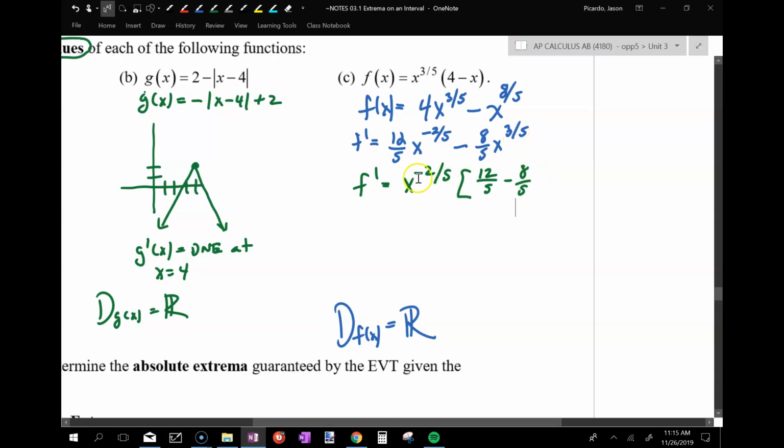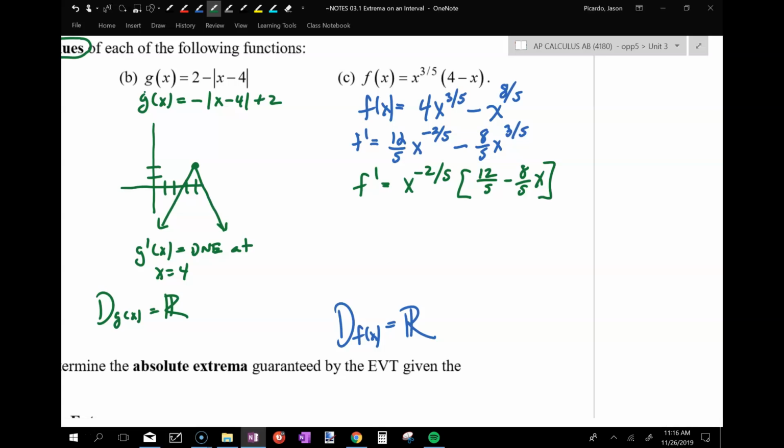And if I factor this out of this, what am I really doing? I'm taking this and dividing it by this, right? So what's 3/5 minus negative 2/5? 1, yeah.